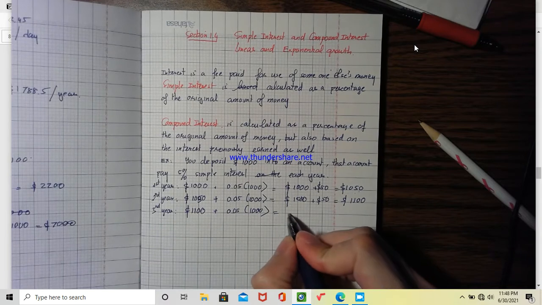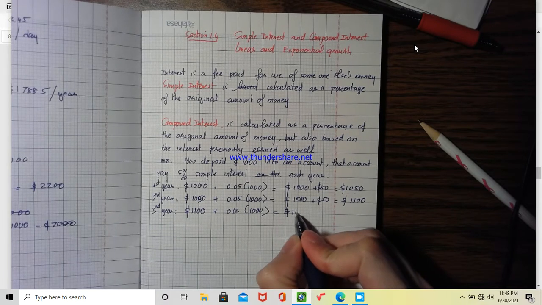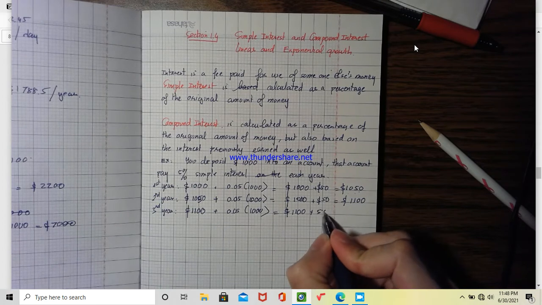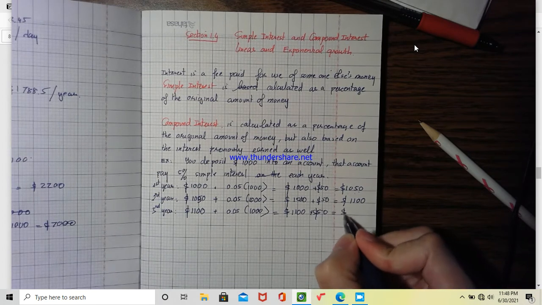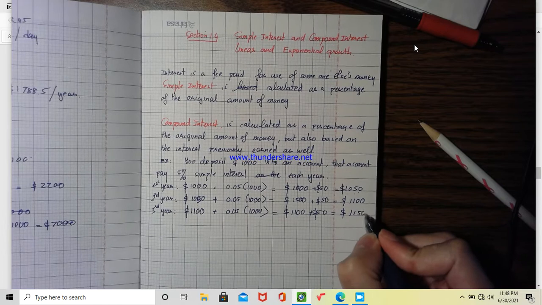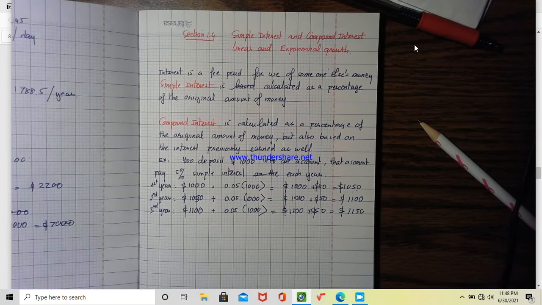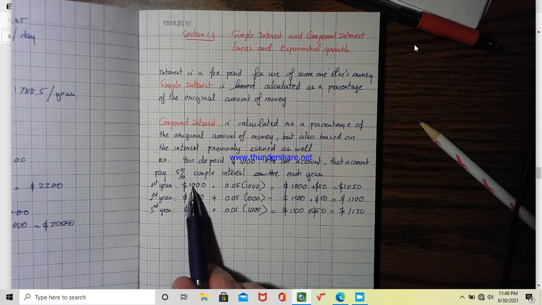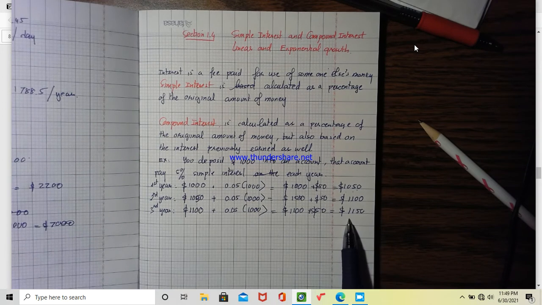So you will have $1,100 plus $50 more, so you will have $1,150. So you see that with 5% interest, you make money. I'm not gonna say a lot, but compared to a reasonable amount of 1,000, after 3 years you have $1,150.